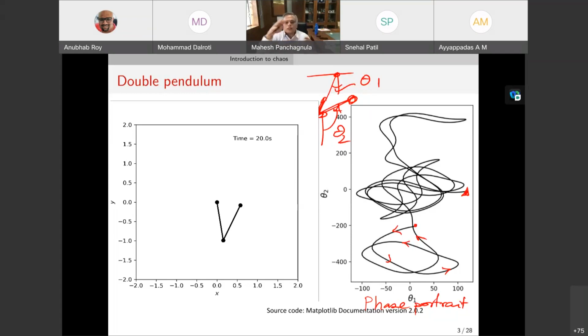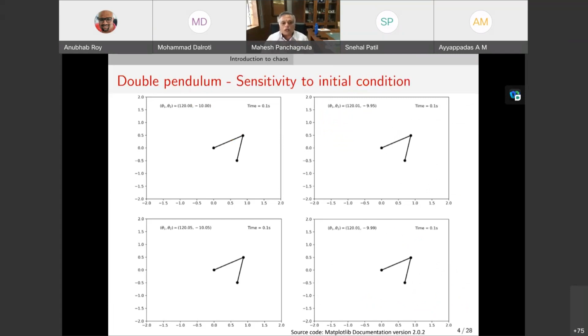So in that space, it is going to continuously evolve. And the reason this system is chaotic is what you will see in the next slide. What I'm showing here is the exact same double pendulum, except there are four panels here. They are all starting with, can you see my mouse?